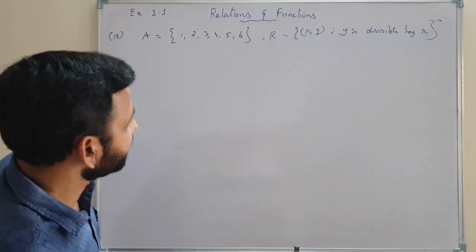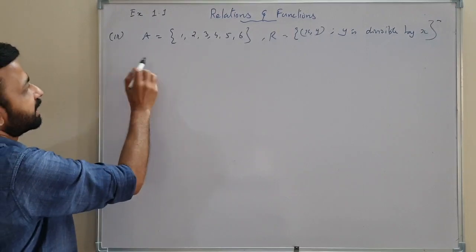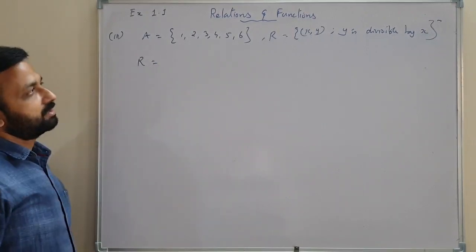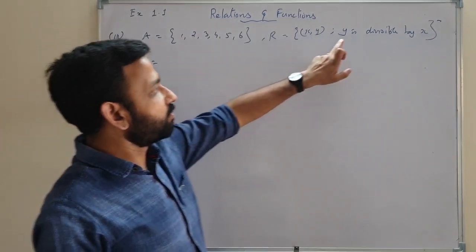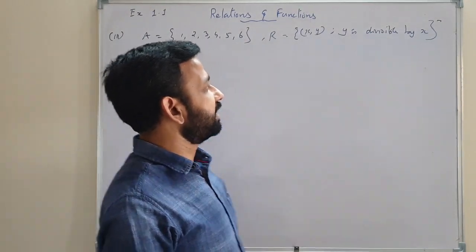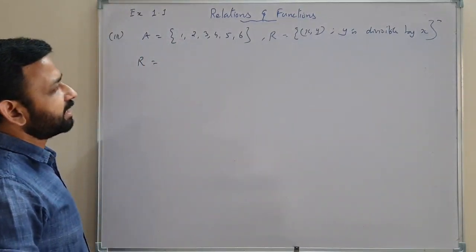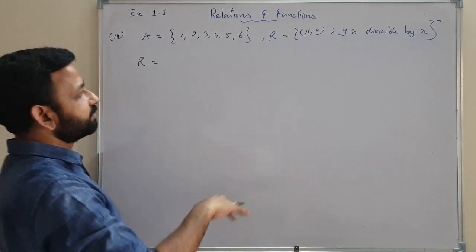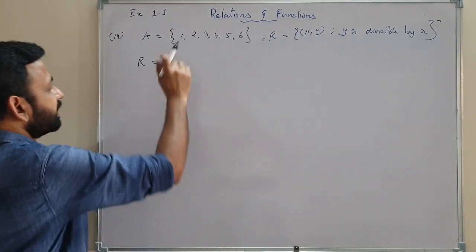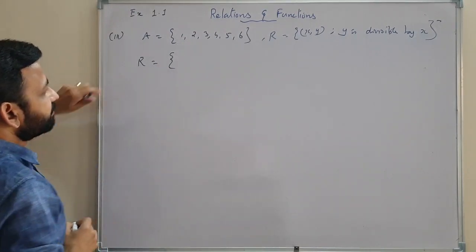So here we need to find all the pairs satisfying that condition. That is, the second element is divisible by the first element.